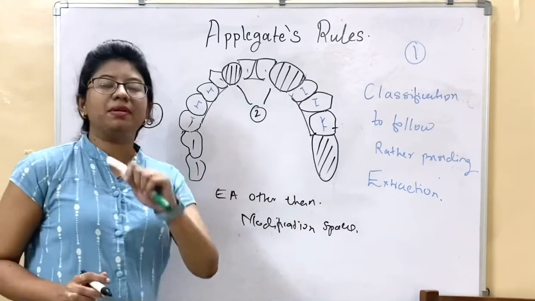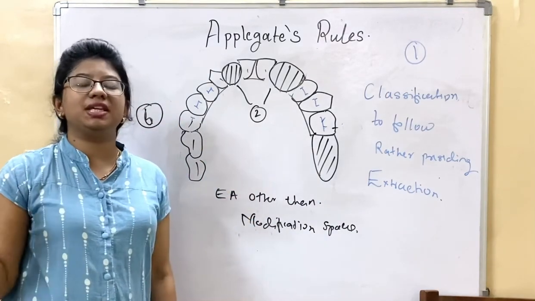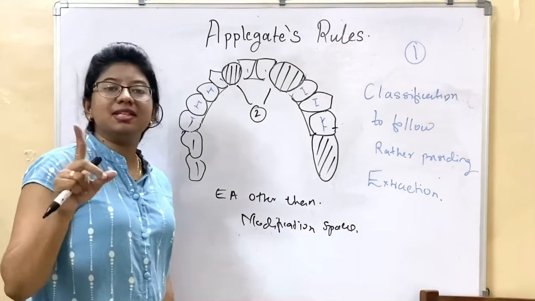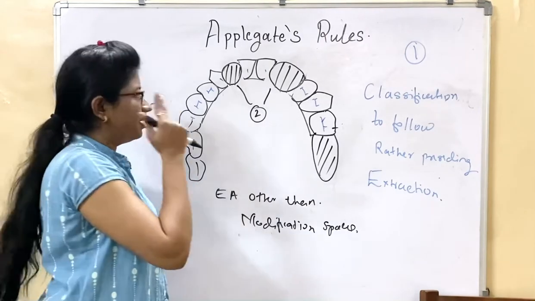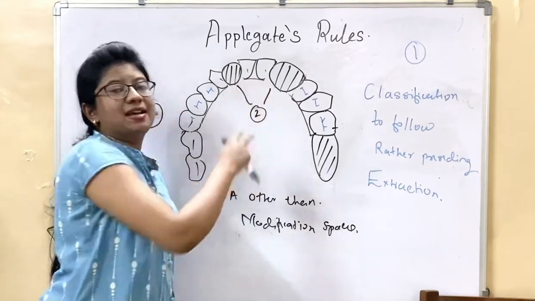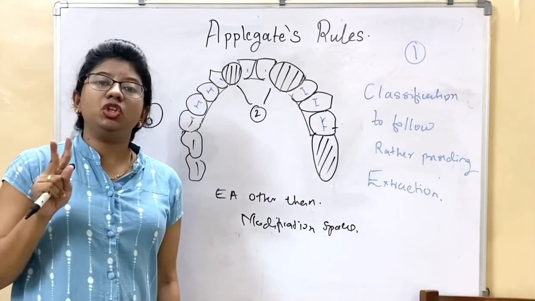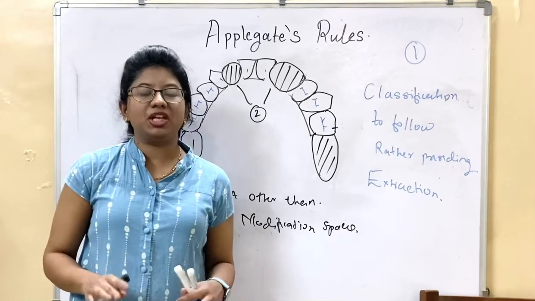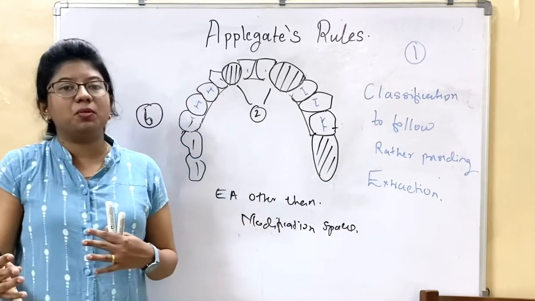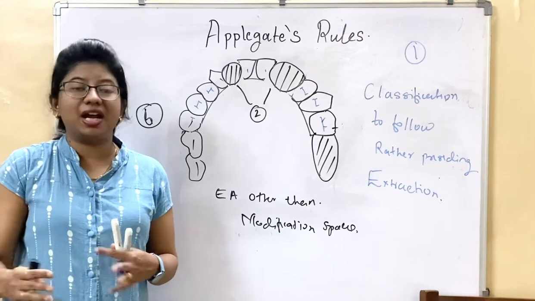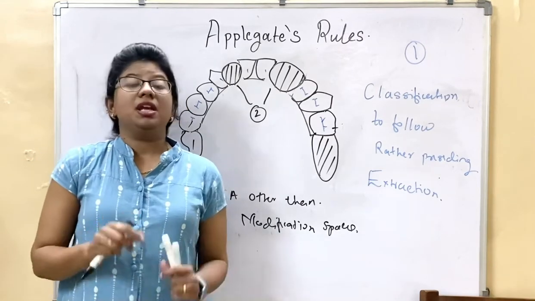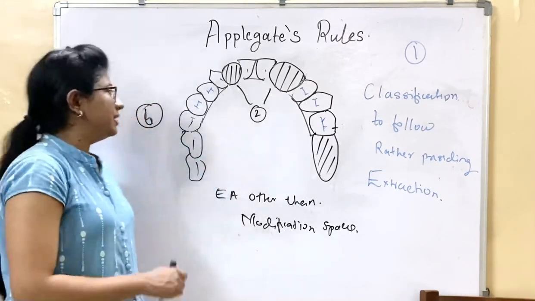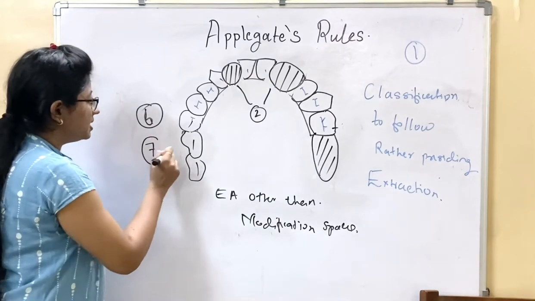So what does our rule number 5 say? Posterior most edentulous area will determine the classification. This is class 2 with 2 more spaces, with modification 2. So it's simple. Posterior most will determine the classification, and the areas other than the posterior most determining the classification are modifications.